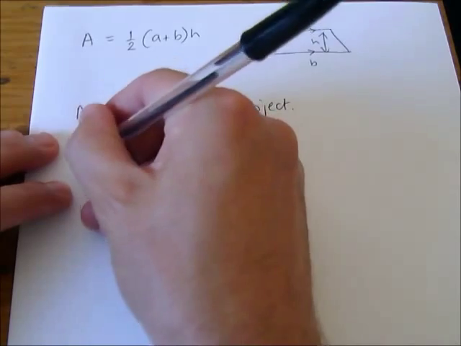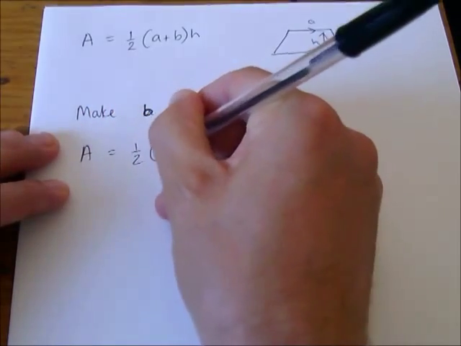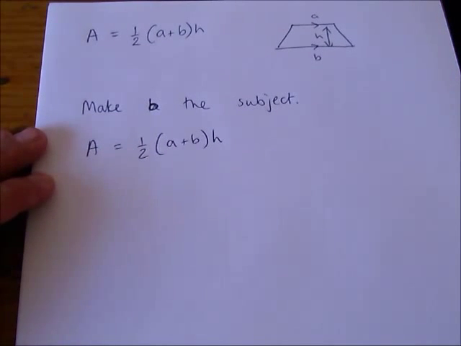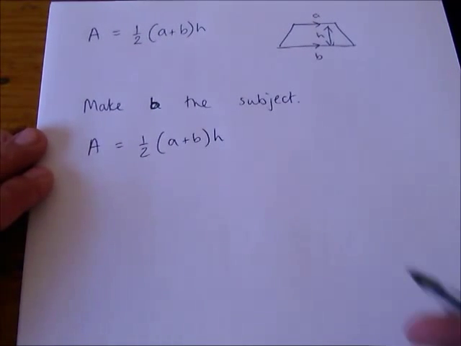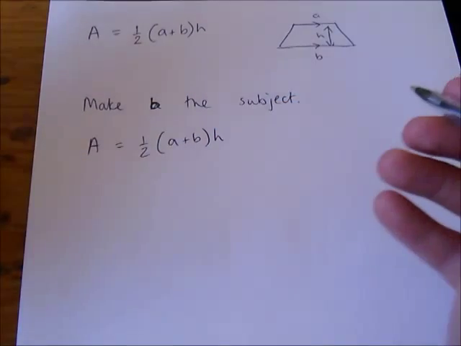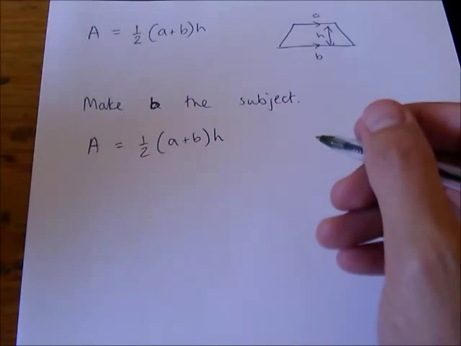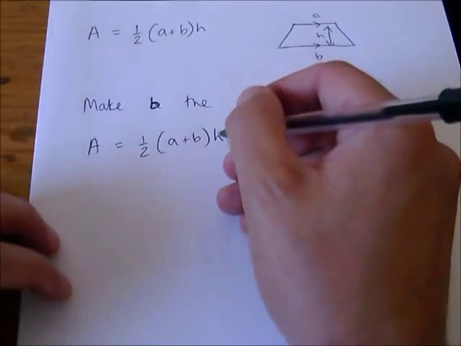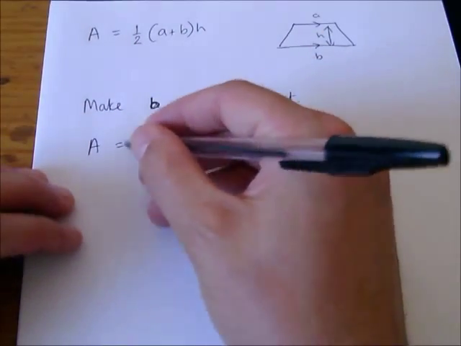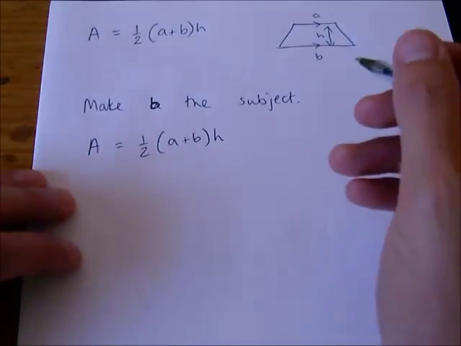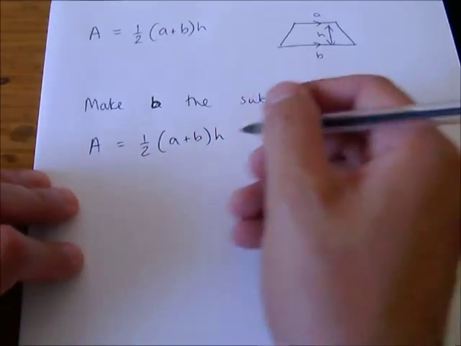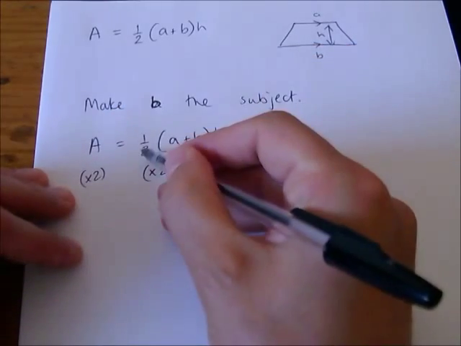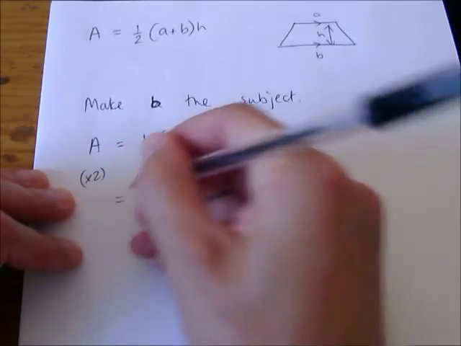We're going to write out the formula like that, and now there are loads of steps you could take here. Some people would prefer to multiply out the brackets to see what they've got. Some people would prefer to divide by h to begin with, but I see this fraction here, this 1/2, and I think I don't like halves, so I'm going to multiply both sides by 2, because I've got a half of something, and then I double it.